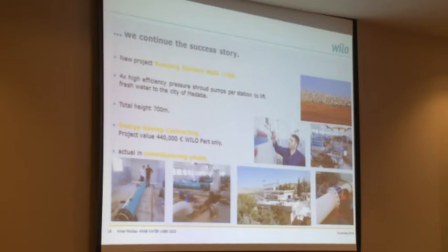The idea is there are 2 pumping stations to supply the water to Madaba, called Wala and Lib. In every pumping station, there are 4 pumps with 450 cubic meters per hour. The total head is not 700, excuse me for that, it is around 500 meters. So from Wala to Lib is around 250, and from Lib to Madaba is around 250.